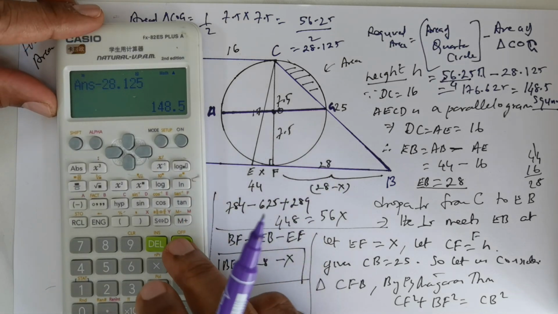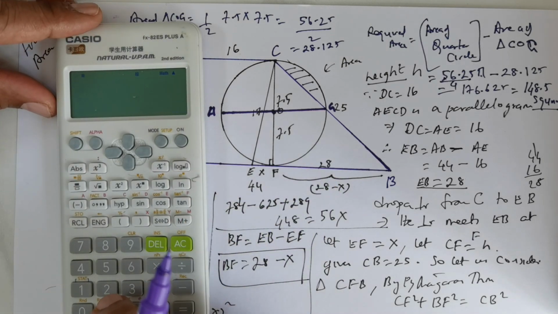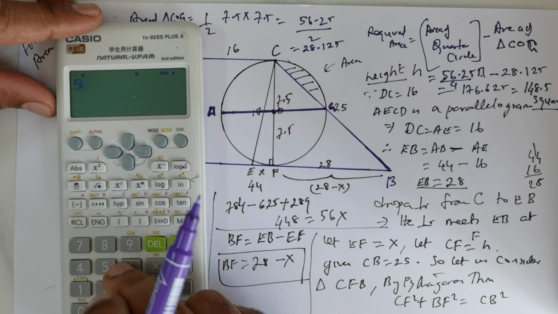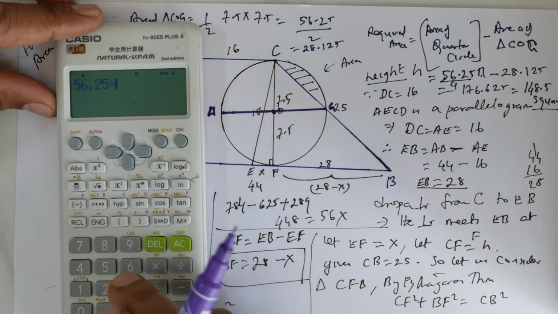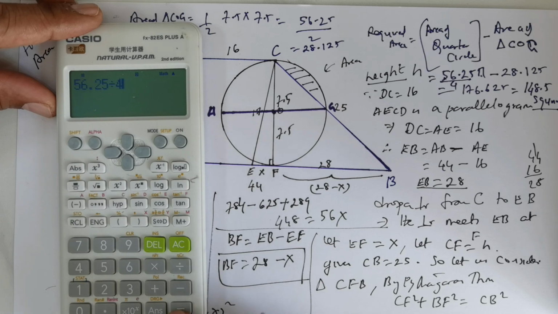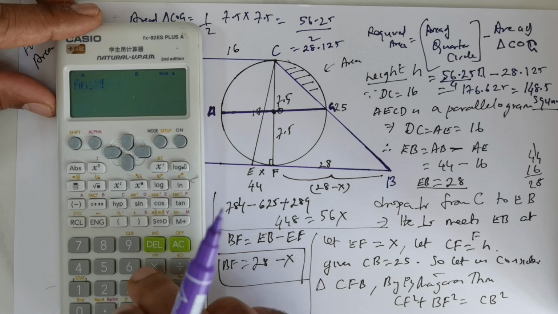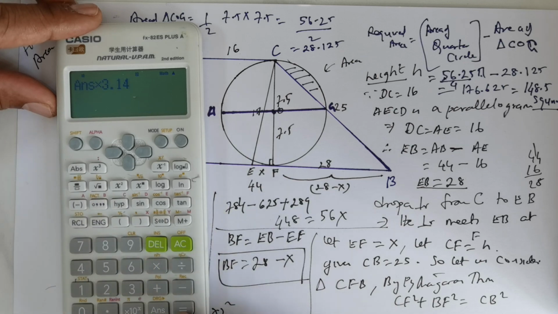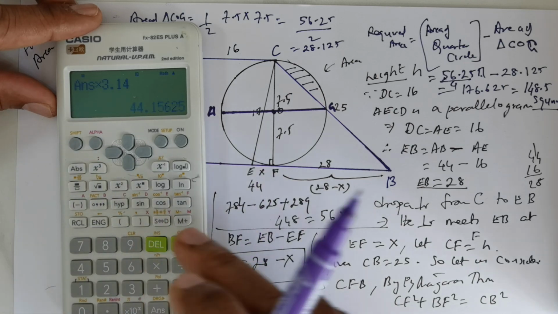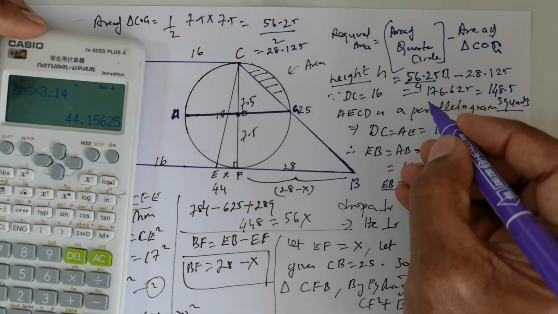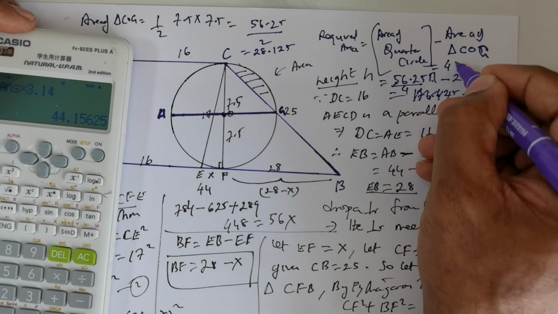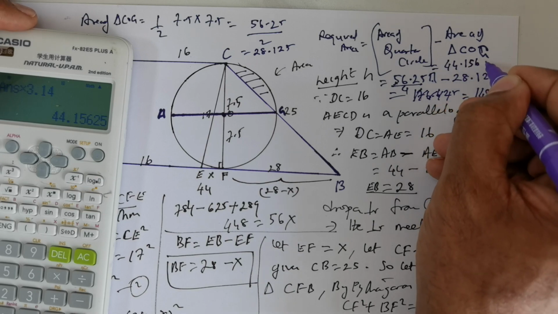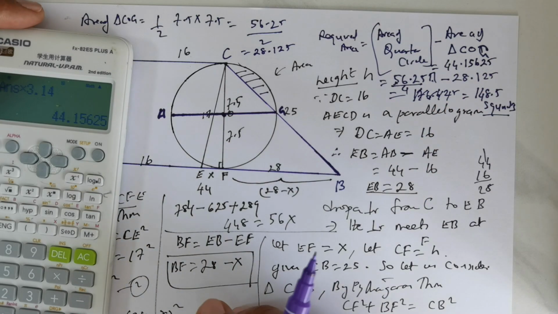So let me go back. So 56.25 divided by 4, that is going to give me the quarter circle, and that has to be multiplied with 3.14, and that is going to be 44.15625.